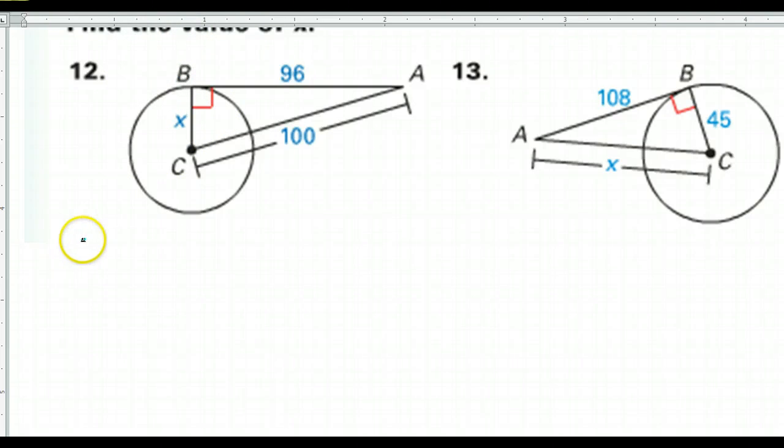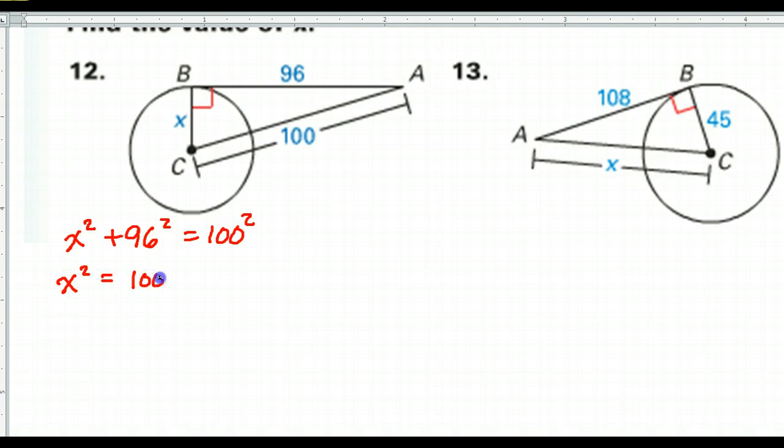So here we go. a squared plus b squared equals c squared. So this is going to be x squared plus 96 squared is equal to 100 squared. Subtracting 96 squared from both sides, that's going to give me x squared equals 100 squared minus 96 squared.